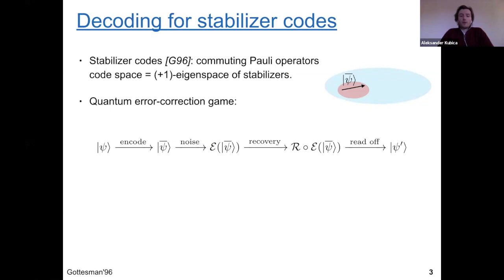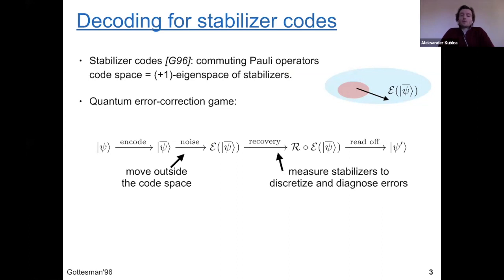We have logical information, which we encode in the code, but then there is some noise, which moves us outside of the code space. And in order to revert that, we will measure certain stabilizers. The measurement outcomes are called the syndrome. And this will allow us to find a recovery operator, which brings us back to the code space.